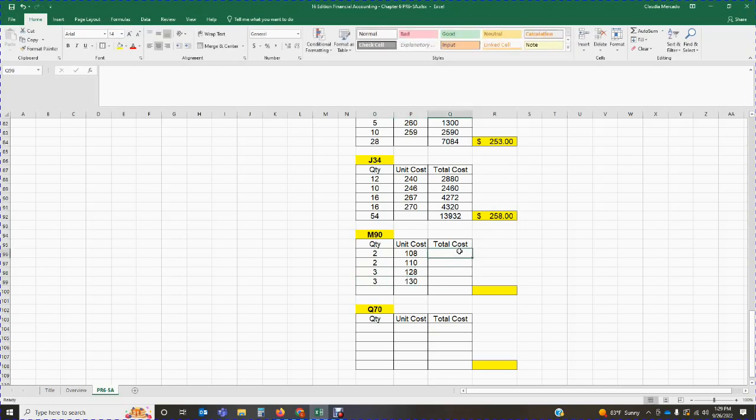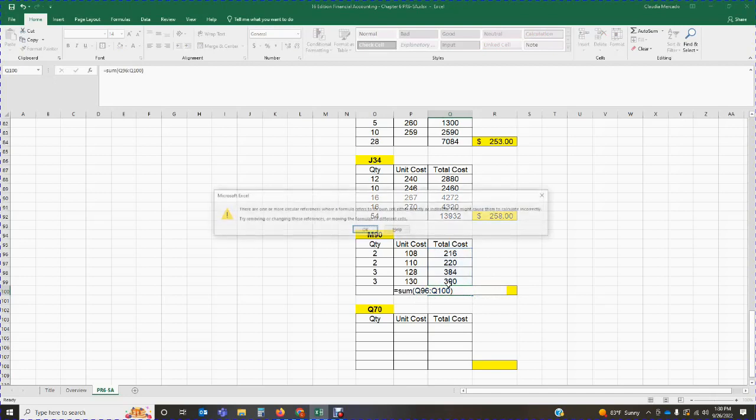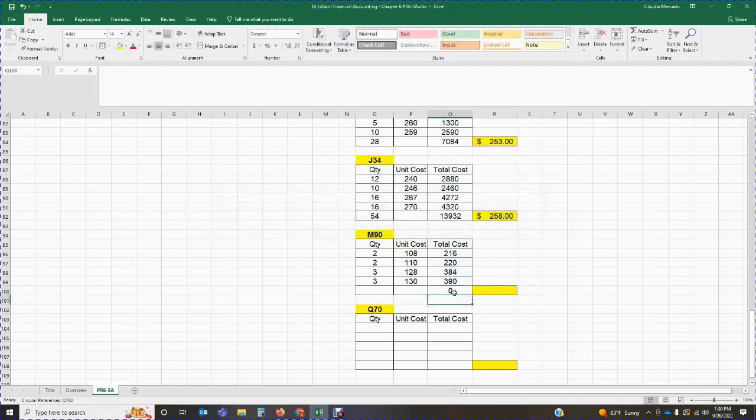And then we multiply to get our total cost. Once we have that, we're going to get the total cost. Let me see, equals the sum, I'm going to add all of my costs. There we go. And then let's look at how much we had in quantity.